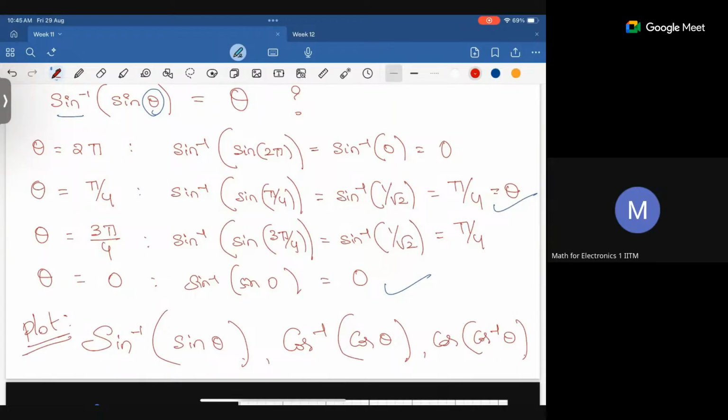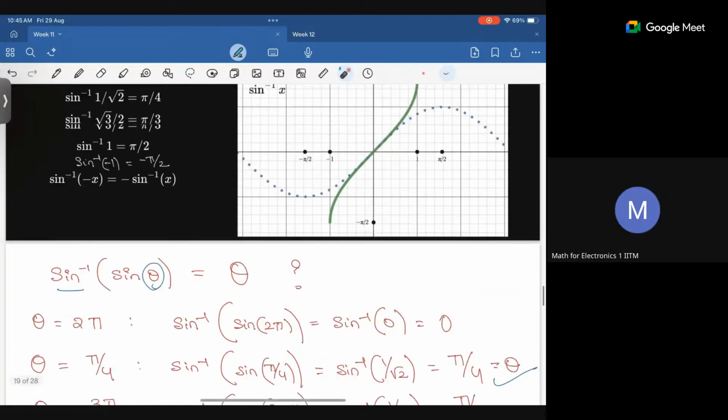Sorry, will it be simply theta? No, sir. Plotting this sine of sine inverse theta also. Okay, so you'll see a strange difference between these two plots and these two plots also. So try to plot them and see.